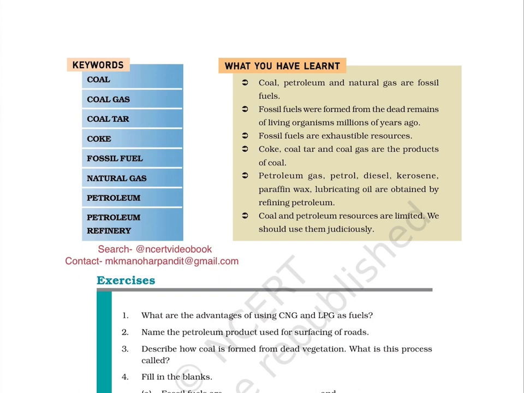Fossil fuels are exhaustible resources. Coke, coal tar and coal gas are the products of coal. Petroleum gas, petrol, diesel, kerosene, paraffin wax, lubricating oil are obtained by refining petroleum. Coal and petroleum resources are limited. We should use them judiciously.